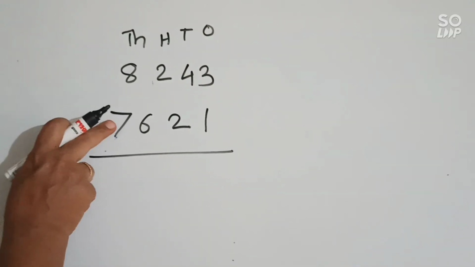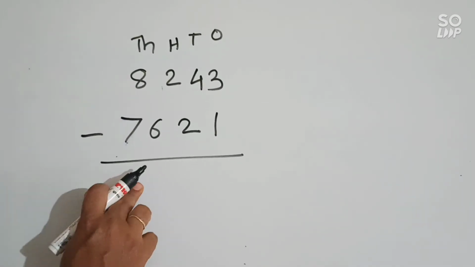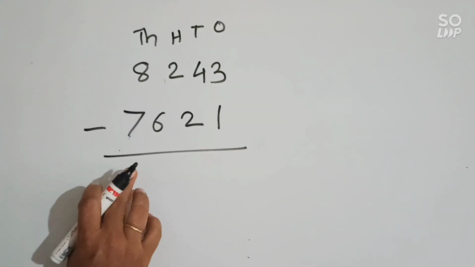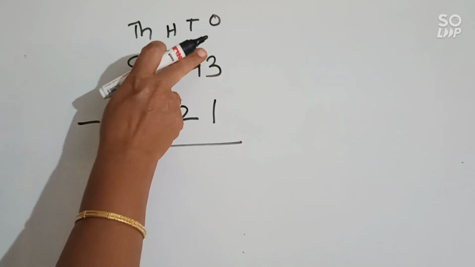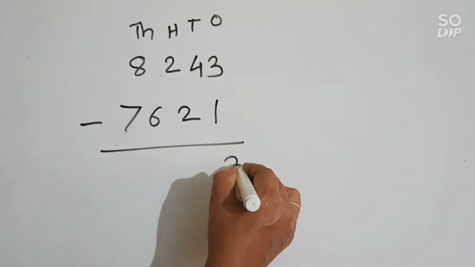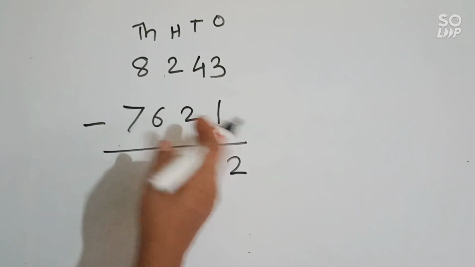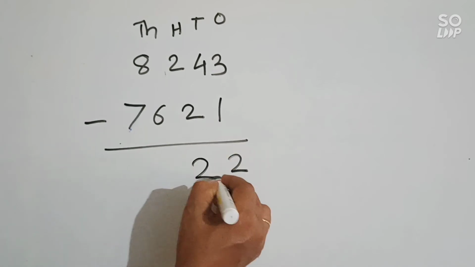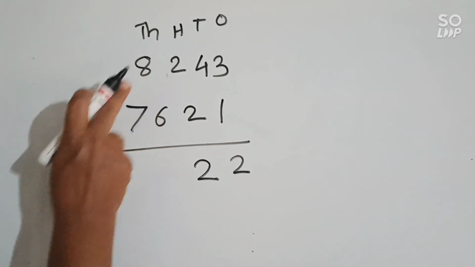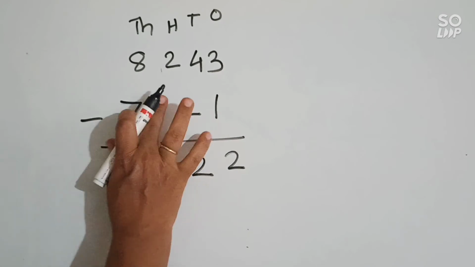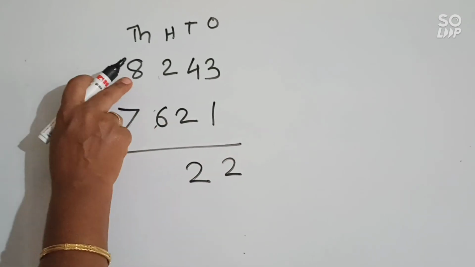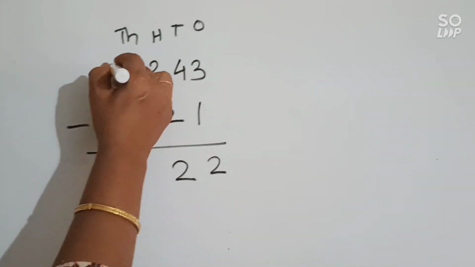When we subtract a smaller number from a larger number, we get the difference. Okay, 3 minus 1, 2. 4 minus 2, after 2, 3 and 4, 2. Here 2 minus 6 is not possible. So we have to borrow from the thousands place.